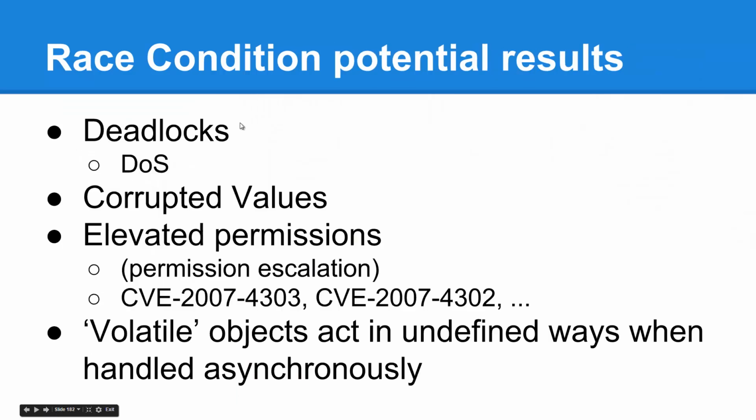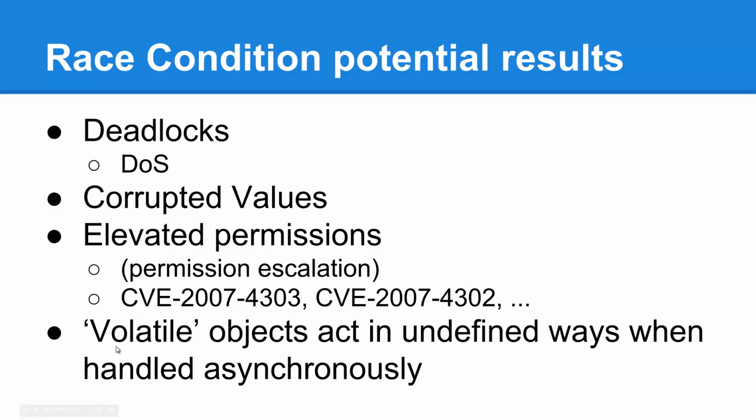The potential results are, obviously, the classic deadlocks, which result in a denial of service, but you can also get corrupted values, which can lead to undefined behavior, depending on the application's logic. There have been several bugs that exploited permission time-of-check bugs that have led to attackers gaining elevated permissions, i.e. permission escalation, or privilege escalation.